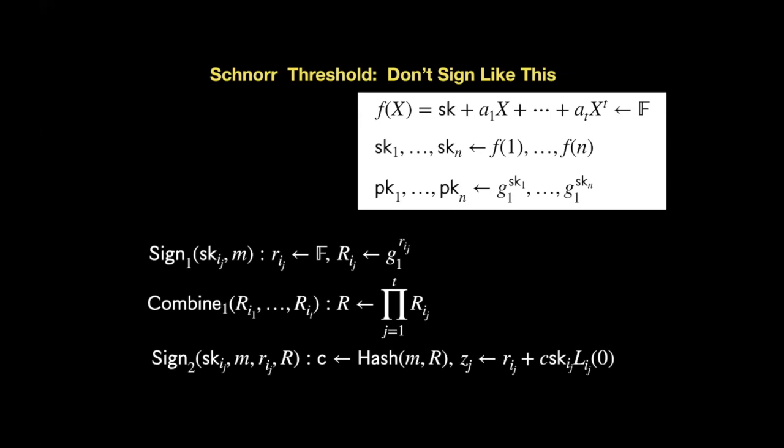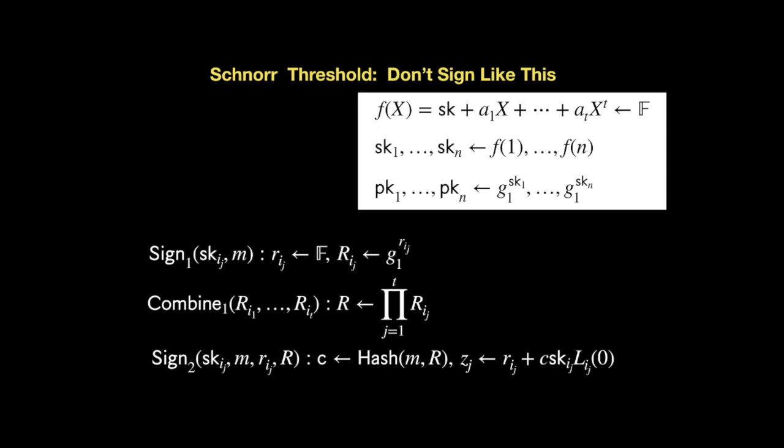In order to sign for the second round, we now have our combined nonce, our threshold nonce. So we're going to hash that in order to get C. And then in order to compute our second message, we're going to say Zj is equal to Rij plus C times Skij Lij of 0.